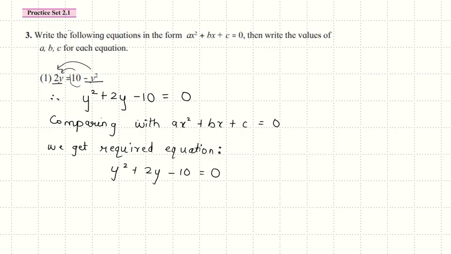It is given in the question that we have to write it in the form of this and then write down the values of a, b, c for each equation. So here we get a is equal to 1, since it is nothing with y square, that means we have 1. a is equal to 1. b is equal to 2. And c is equal to minus 10.